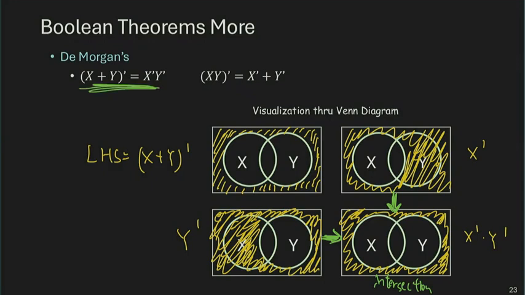One side of De Morgan can be proven using a Venn diagram. The other side, you can also prove it using a Venn diagram, even though that's a little bit harder to visualize since we're drawing a big region of x prime and y prime and taking the union. Right? But still all right. You just expand that a little bit further, you can make the other proof.